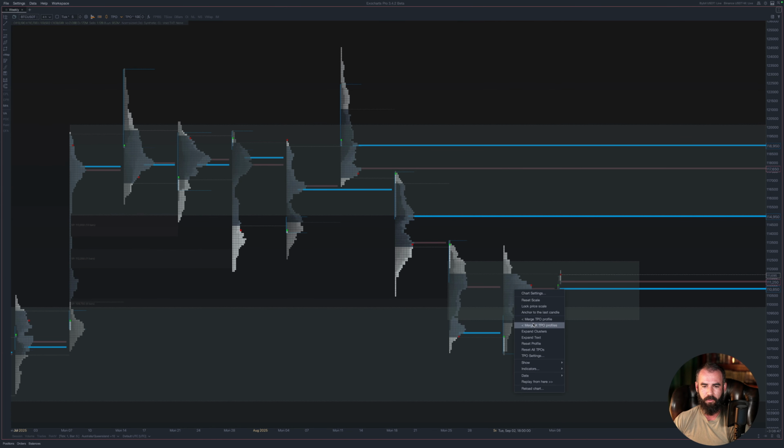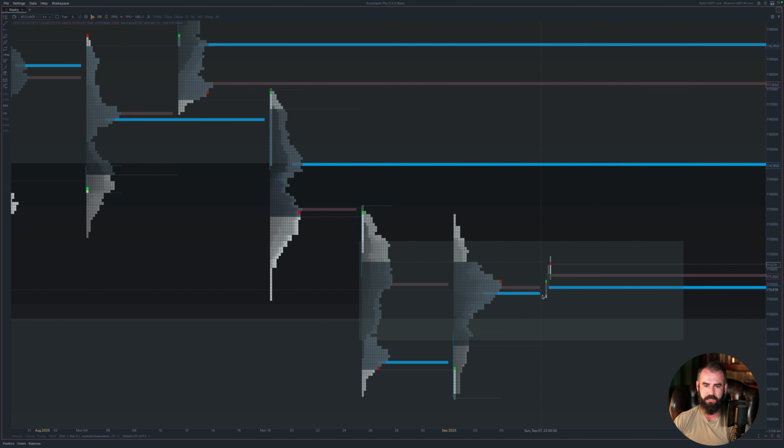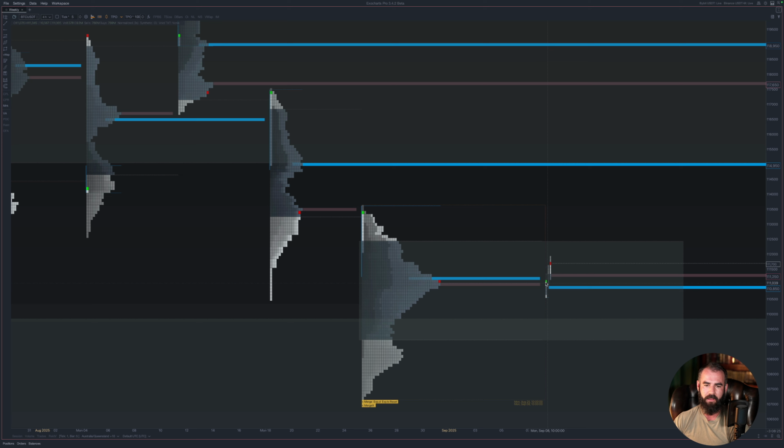And when we put this in, we can see at the moment that we've opened above last week's point of control. The shape of the profile is a little bit of a P shape, but it's fairly distributed between this week and last week. And again, we know that we've had choppy price action over the last couple of weeks. So we've opened above the point of control, and when we merge these two together, we open just below the 2-week point of control.